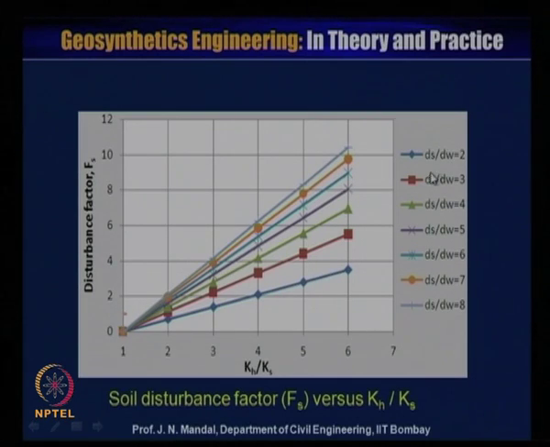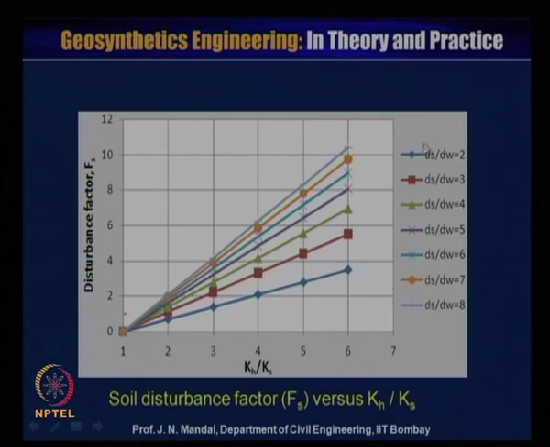For the defined value of ds by dw, which may be 2, 3, 4, 5, 6, 7, 8, you can calculate the soil disturbance factor Fs.